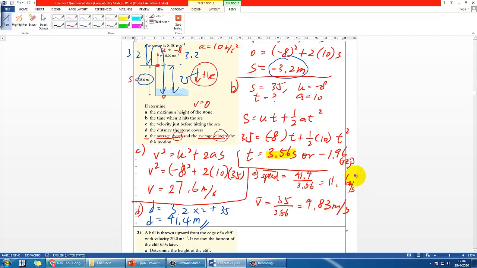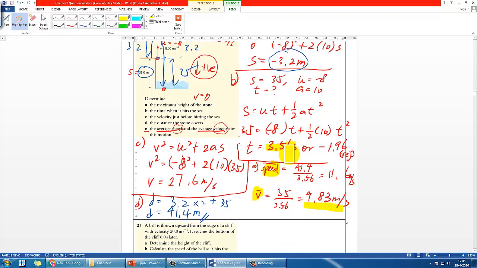So logically, average velocity must be smaller than average speed, because distance is always longer than displacement, if you think deeply, and therefore velocity must be smaller than the average speed.